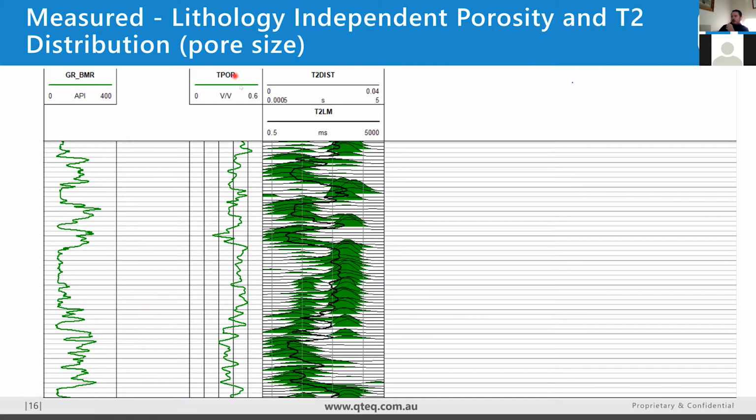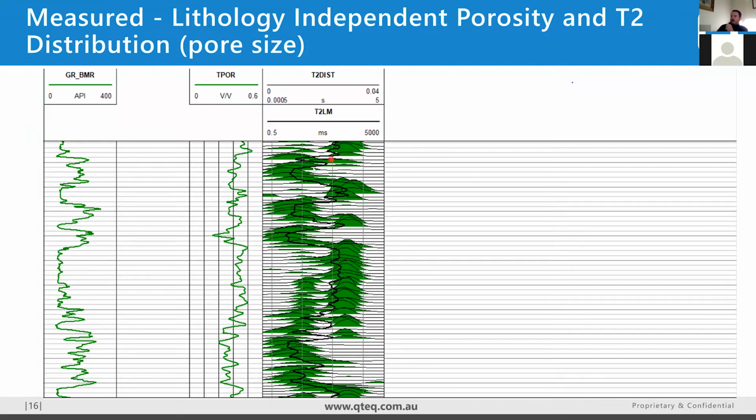We have our total porosity measurement here, and we're seeing porosities in the 30 to 50% range. This is an unconsolidated sandstone, so it's basically like beach sand, so we expect quite high values.